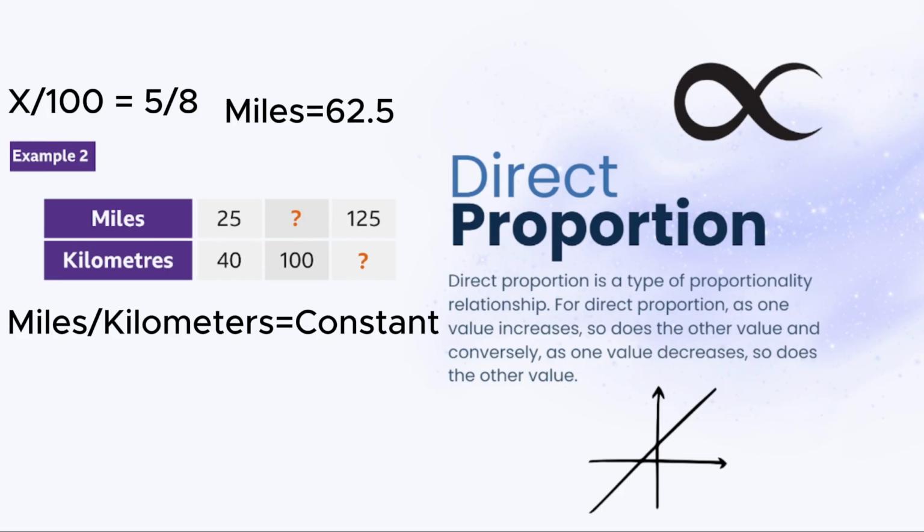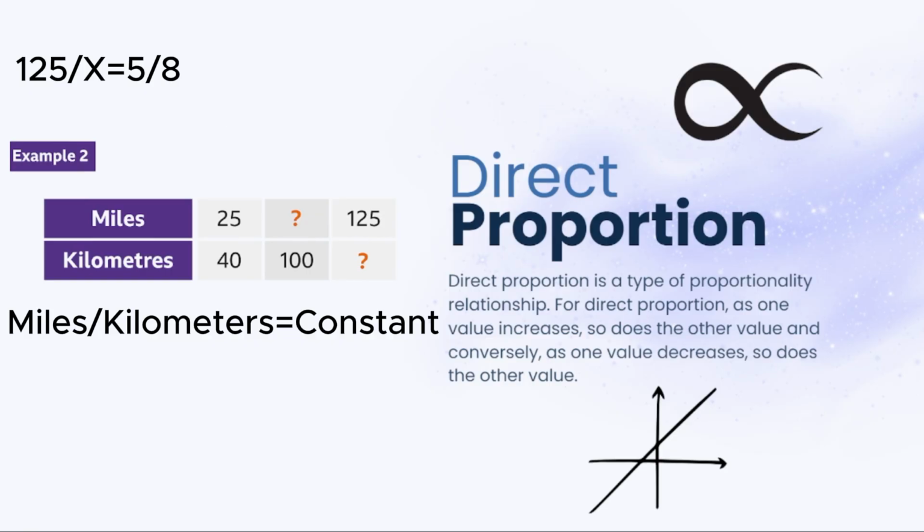We have to find the kilometers. What we can write is 125 over kilometers equals 5 over 8. Now we can multiply both sides by kilometers, which will be 8 over 5 times 125, equals 200. So 125 miles equals 200 kilometers. That's how we solve problems using direct proportion.